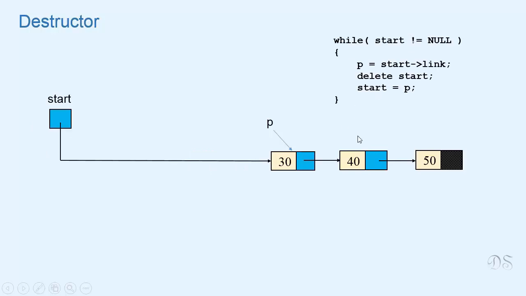Again, this loop executes, p points here, this node is deleted and start points to this node. Again, start is not null, so this loop executes, p equal to start link, delete start and start points to this node. Start is still not null, so this loop executes, p equal to start link, so p is now null.